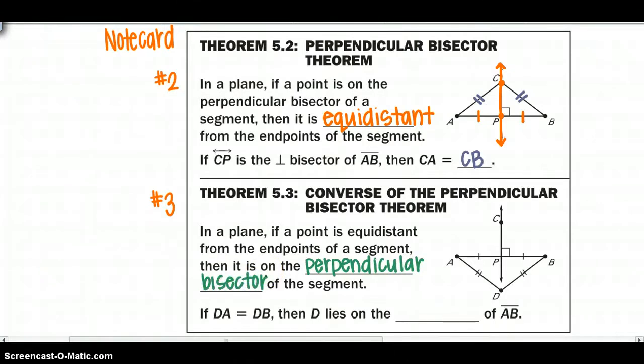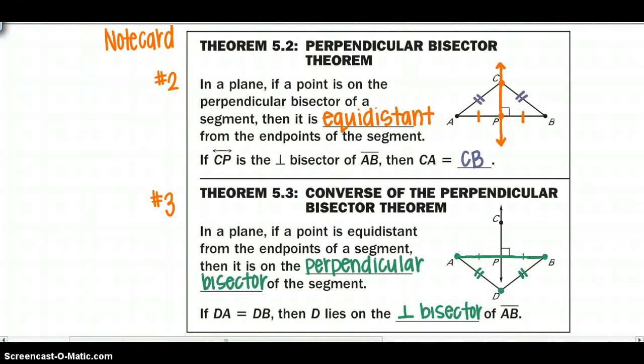So since DA equals DB, notice that D is equidistant from the endpoints of the segment, then point D lies on the perpendicular bisector of AB.